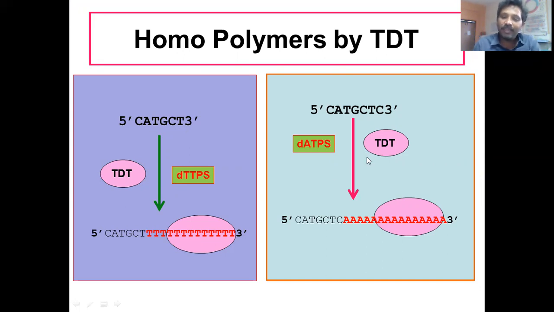Similarly, if you want poly A tails, you have to use a primer of more than 6 nucleotides: 1, 2, 3, 4, 5, 6, 7. Around 7 nucleotides are required to synthesize poly A tails using terminal deoxynucleotide transferase.